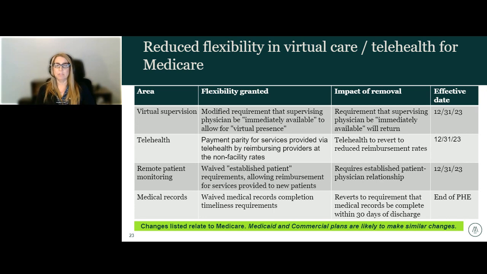Again, because there is risk there. Anytime something is being done remotely, there are questions about how it's documented in the medical record and how we can establish what is occurring. I think that also plays into having that established patient relationship as a foundation before doing remote patient monitoring. So just as a heads up, this is something the OIG is looking at.